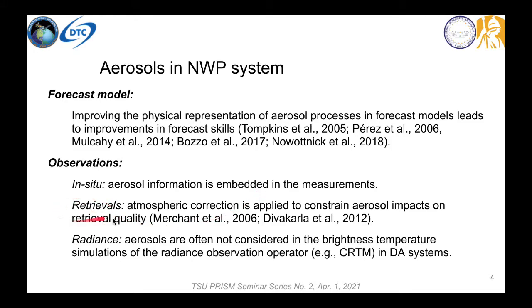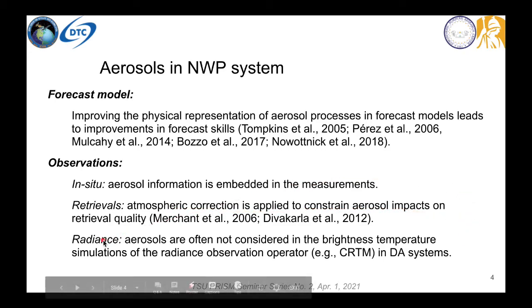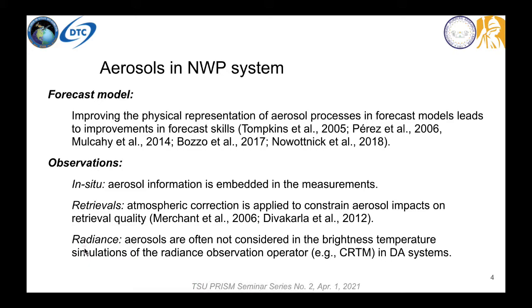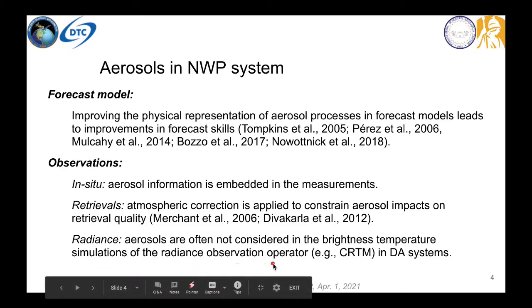For the in situ measurement, if the aerosols affect the in situ measurement, when the in situ measurements are assimilated inside the DA system, that aerosol information will be automatically propagated into the analysis.